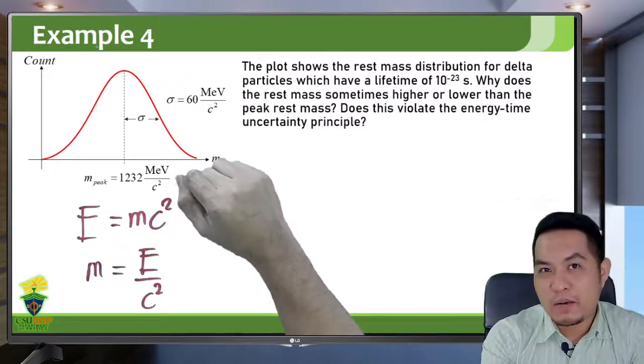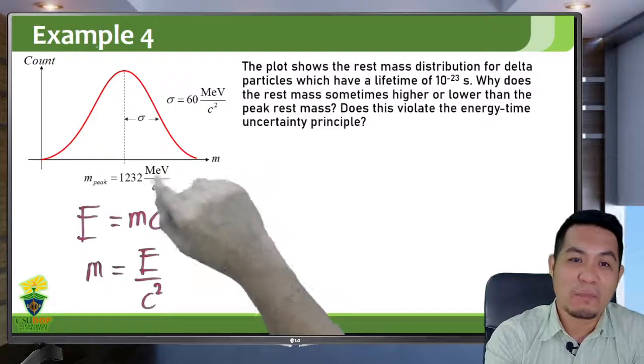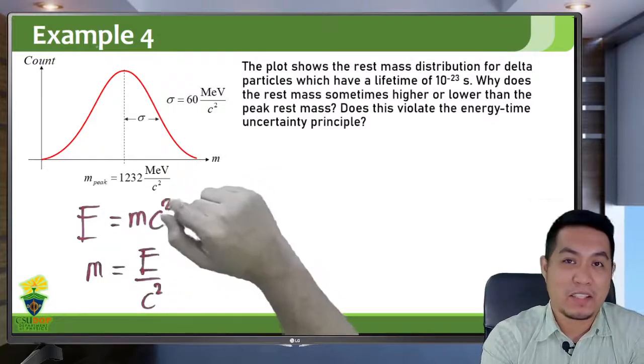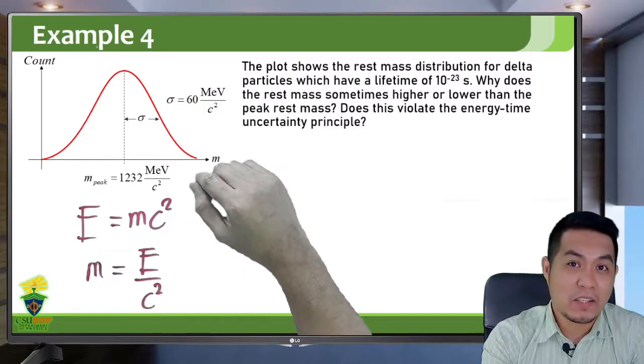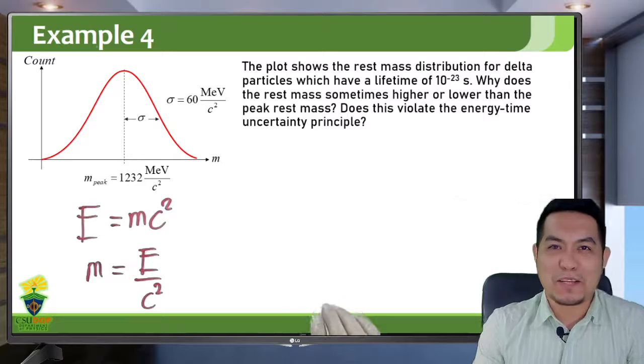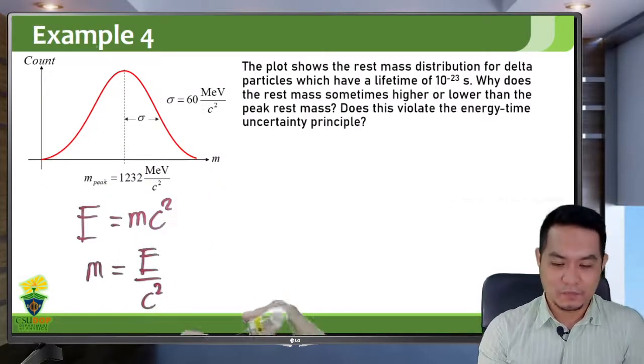So the question now is, why is the rest mass sometimes higher or lower than the peak rest mass? Does this violate the energy-time uncertainty principle? Why do delta particles have varied rest mass in the first place?